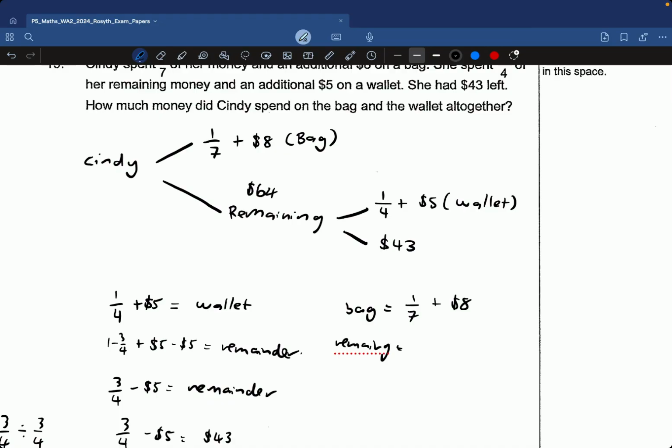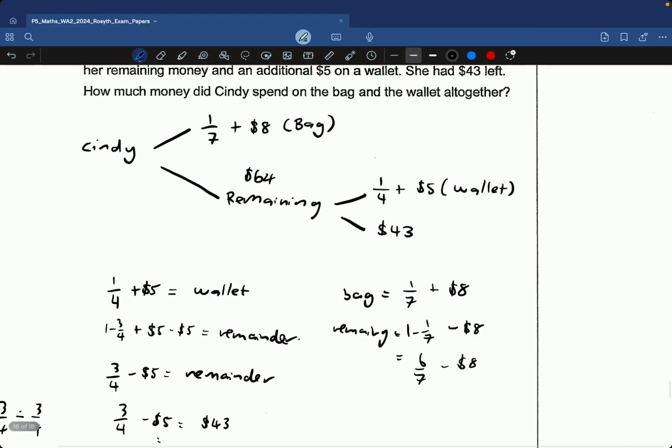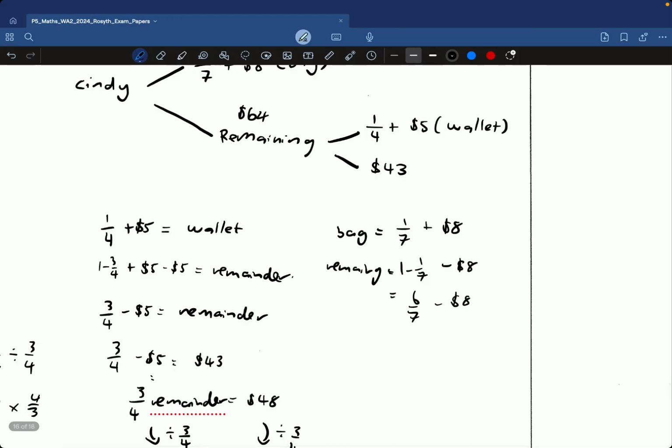It is 1 whole minus 1 over 7, and we just minus the $8. This will become 6 over 7 minus $8, and we know the remaining itself is $64. So 6 over 7 is equal to 64 plus 8. This will give you $72.